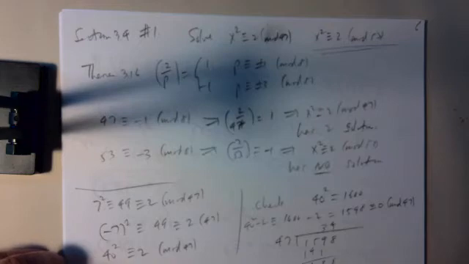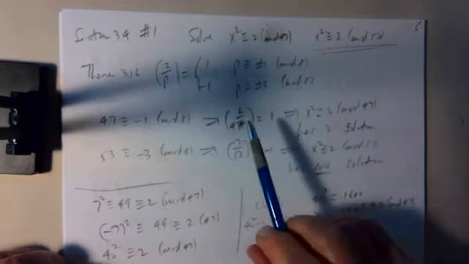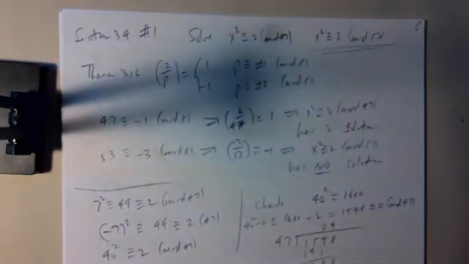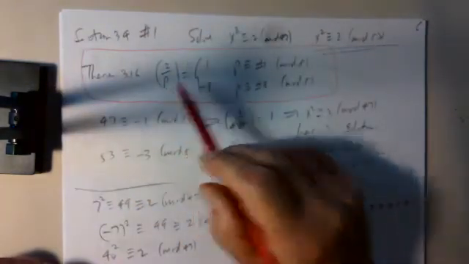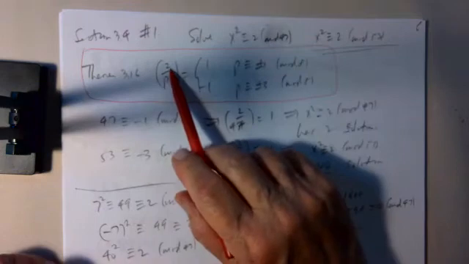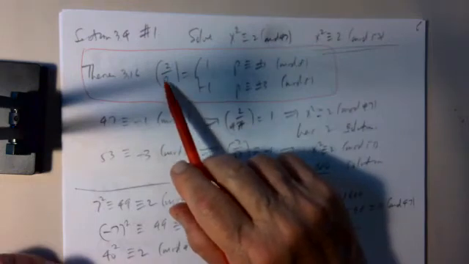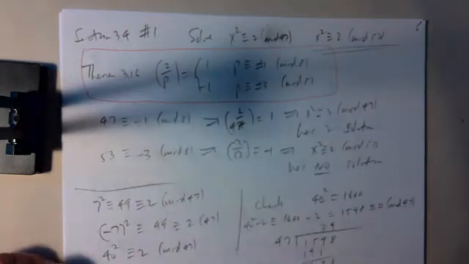Professor, can you just quickly repeat why there's no solution for 53? Yes. So we proved the following theorem. 2 over p is the Legendre symbol. It's 1 if 2 is a quadratic residue mod p, and minus 1 if 2 is not.